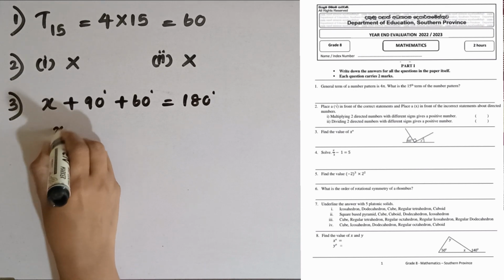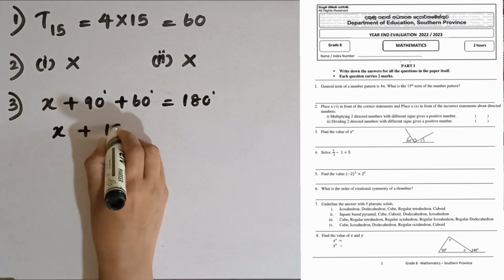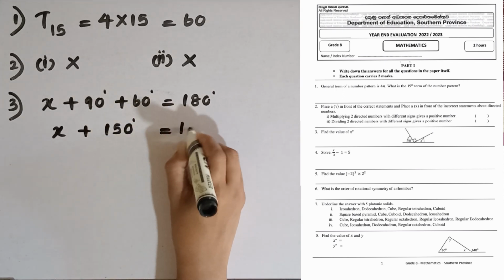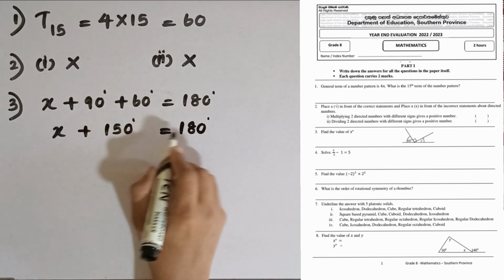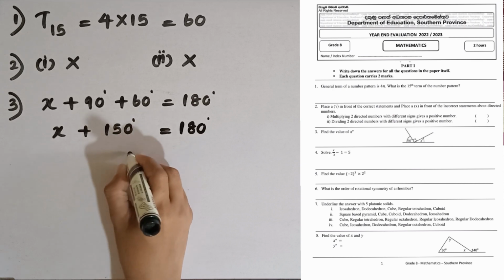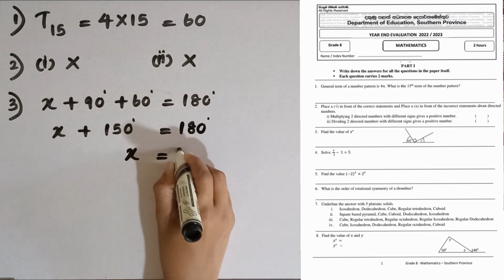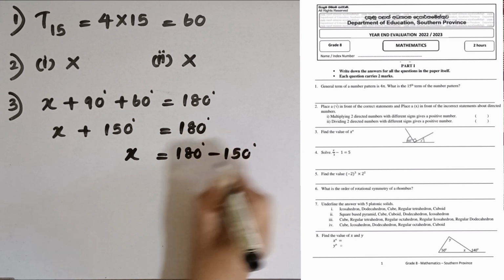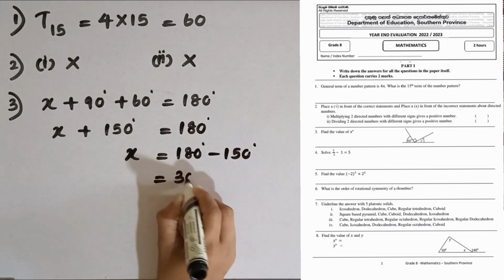Then x plus 150 equals 180. x can be found by 180 minus 150. 30 degrees is the answer.